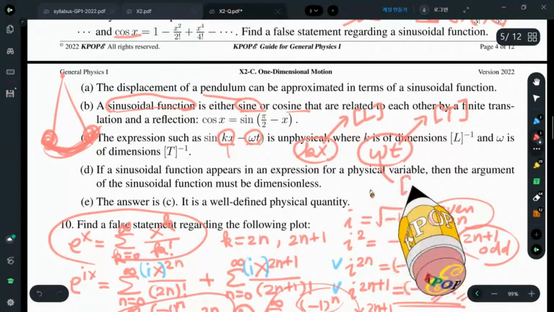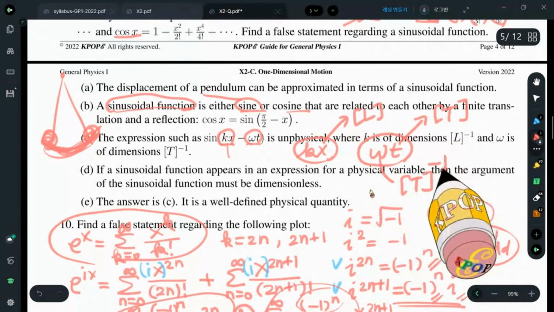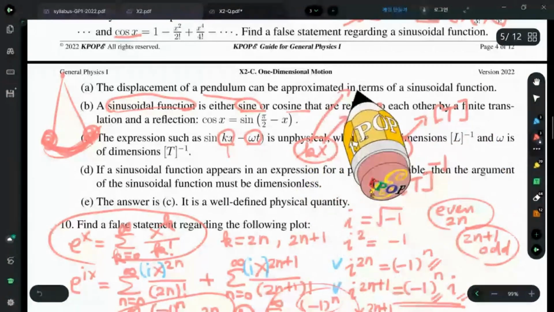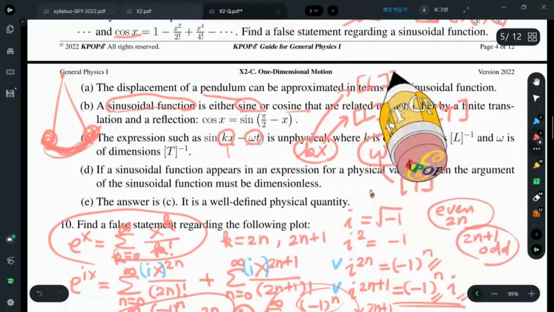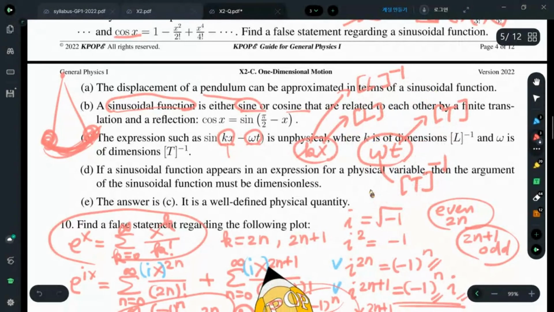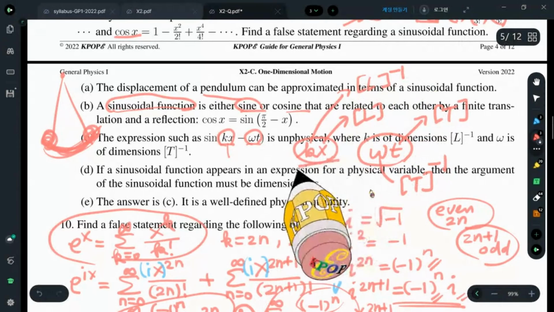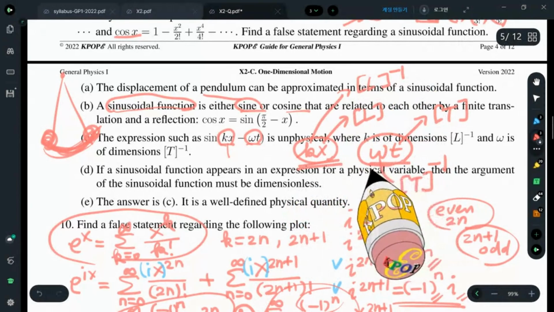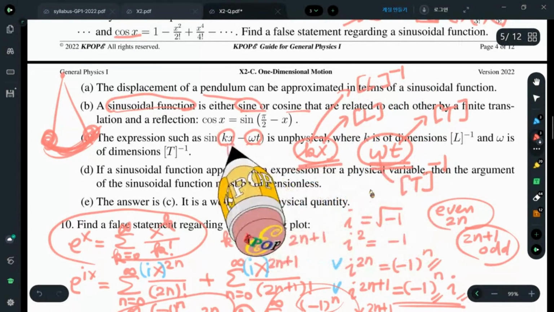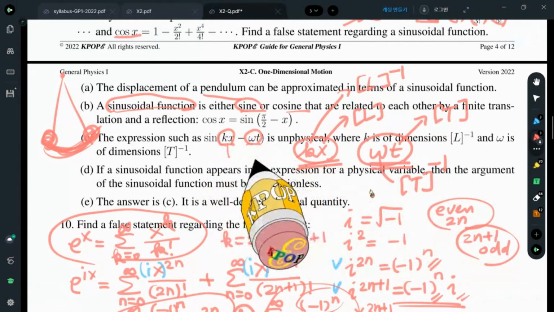So omega has the dimension of time inverse and k must have the dimension of length inverse. Understood? So this is dimensionless, this is dimensionless. They can be added or subtracted.